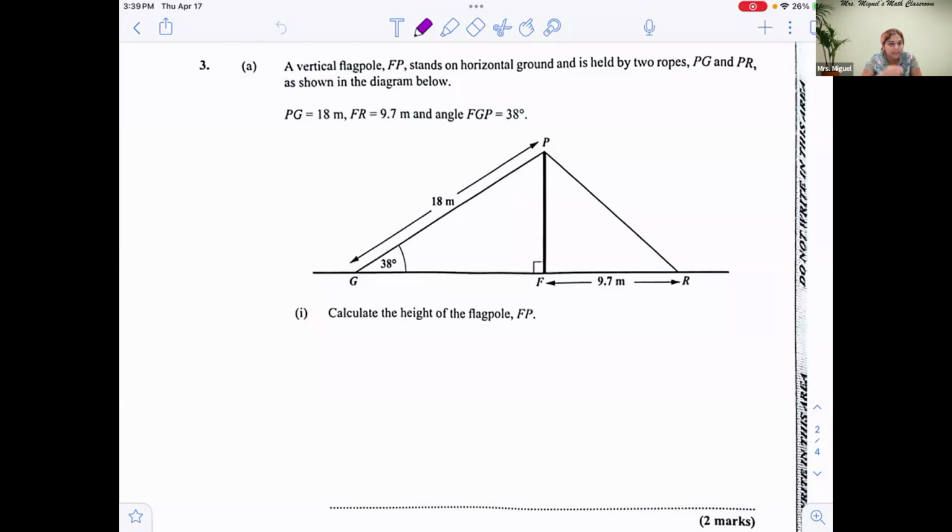To work out the height of the flagpole, we don't have enough information that will allow us to use Pythagoras' theorem. Yes, it is a right triangle. So if not Pythagoras' theorem, then what else? What are our options?